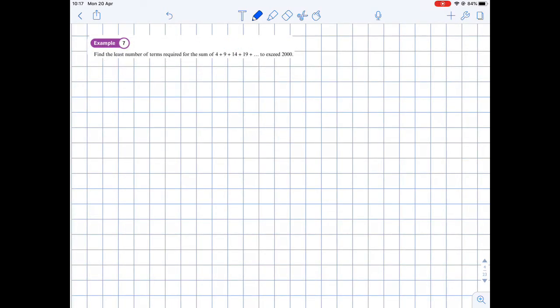Moving on to our final example, example 7. Here we want to find the least number of terms required for the sum of this series to exceed 2000. So let's see what we know first of all. We know that a is 4, and we know that d is 5. What we don't know is the number of terms.